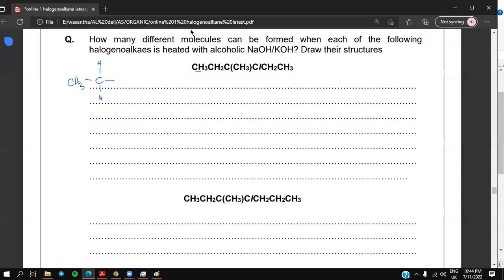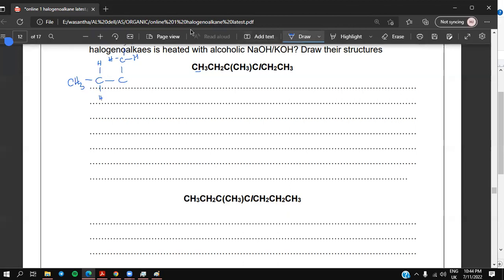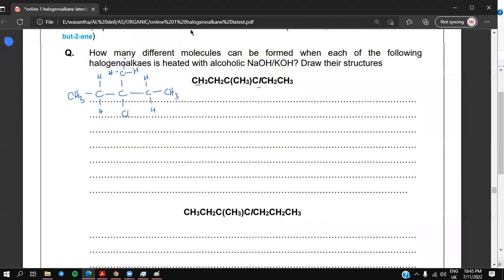And then a carbon with CH3, and Cl here. And then CH2 and CH3. How many different types of elimination products do you think can be obtained from this reactant? Roughly how many? 1, 2, 3, 4.